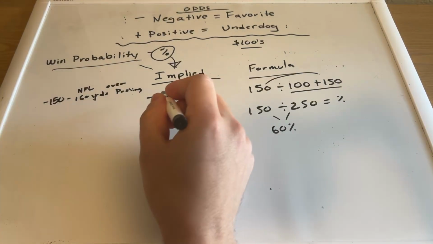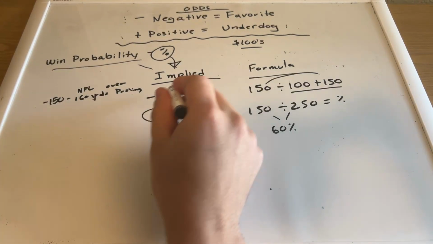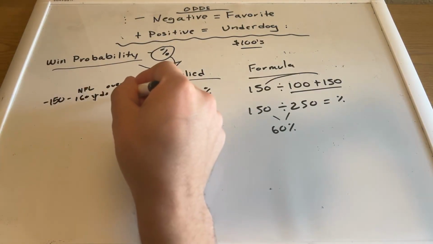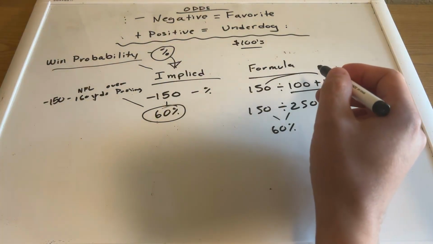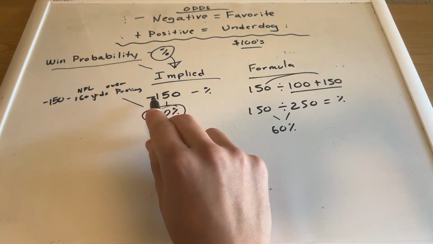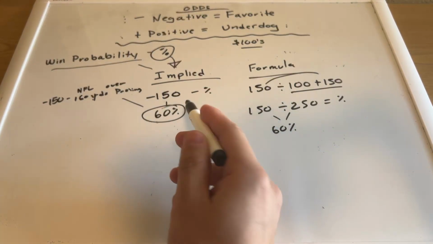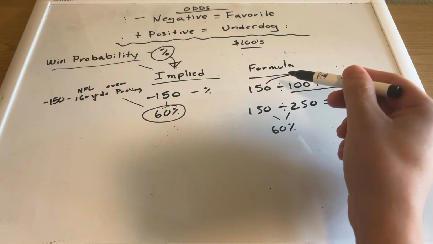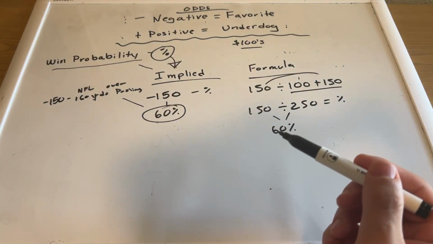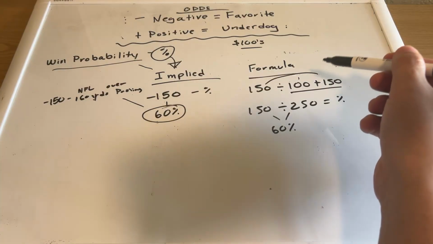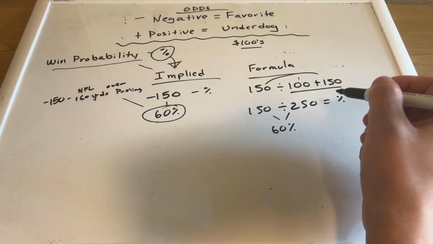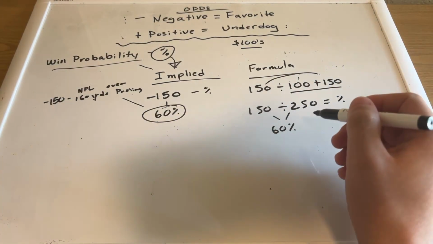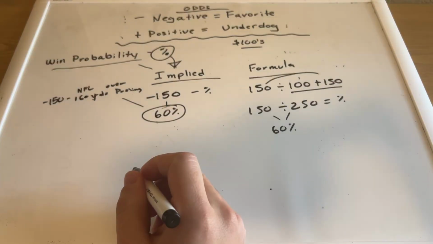So in this case, it would be a 60% chance, since the line is at minus 150, for him to go over 160 yards passing. So that's how you calculate. Once again, if it's minus 110, it would be 110 divided by, since everything's based off of hundreds, 100 plus 110. So that's how you calculate your win probability or your implied probability for a line like that.